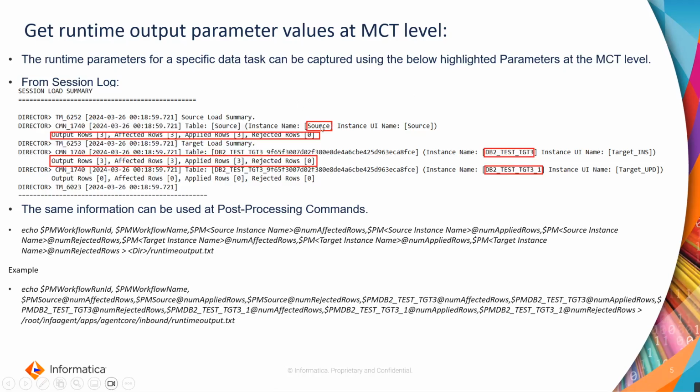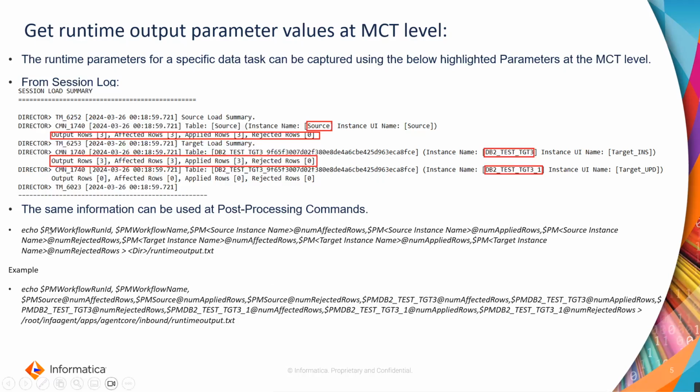In the same way, for source the instance name is source, and if you want to fetch the affected rows, applied rows, rejected rows, these are the parameters we are going to use. The same information can be used in the post processing command. At the mapping task level, we can use command tasks to fetch this information using the post processing commands.